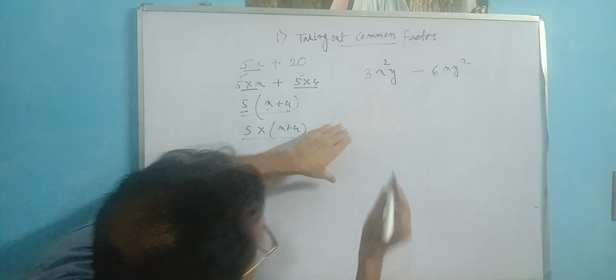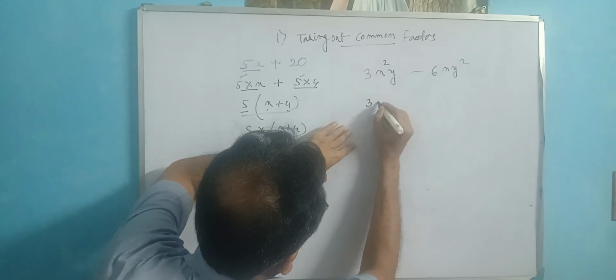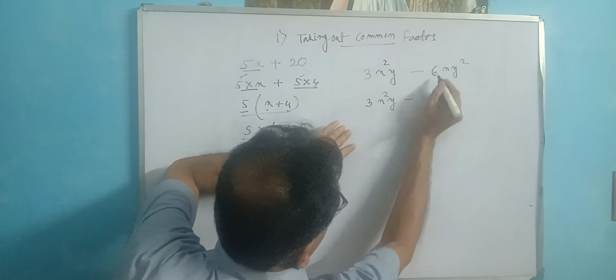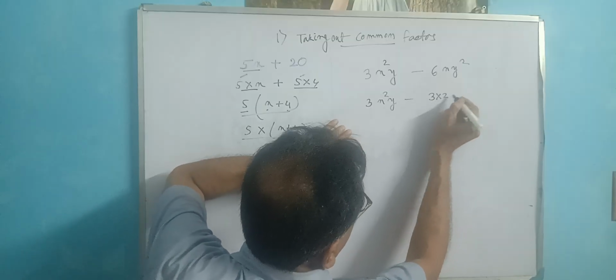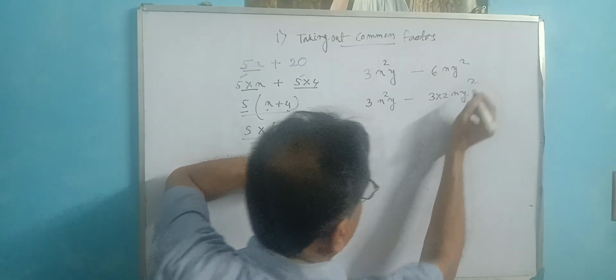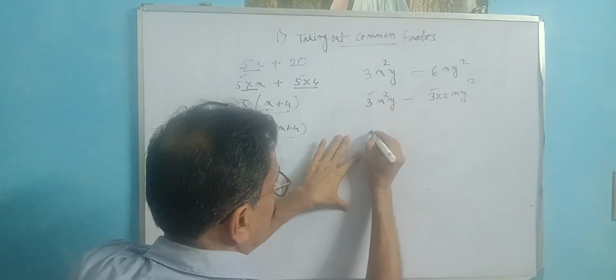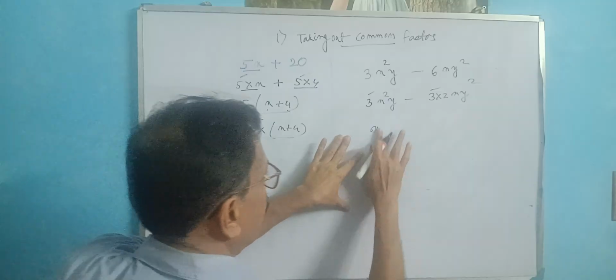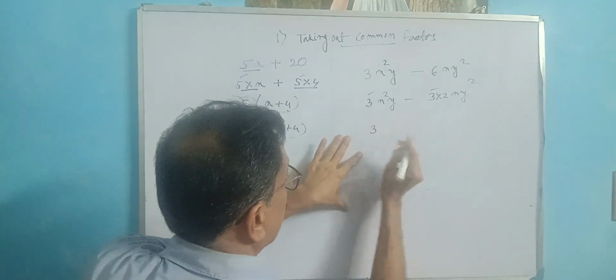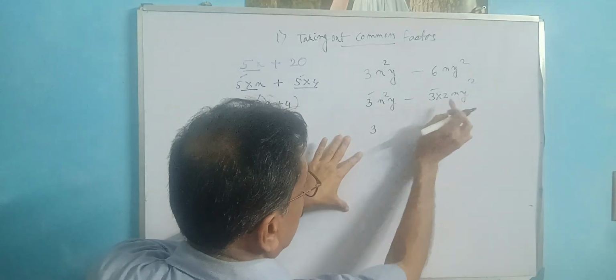Here you write 3x square y, and here you write 6 as 3 into 2, xy square. Okay, the numerical part, which one is common? This and this, just write 3. 2 is not common, 2 is not here, so 2 is not taken.